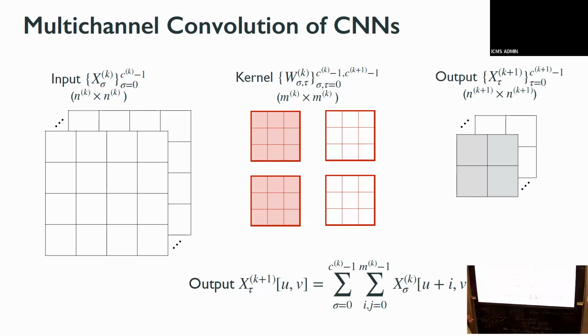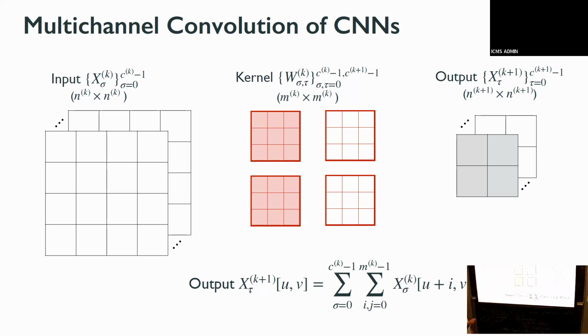And the same then for the kernels. In a multi-channel convolutional neural network, you have this input, which has, let's say, C_k channels, and then you have an output that has another number of channels. Precisely, it has C_{k+1} channels. So for every layer, you have different dimensions.